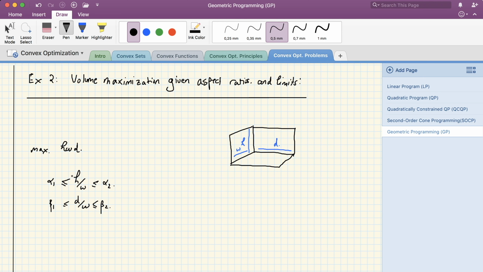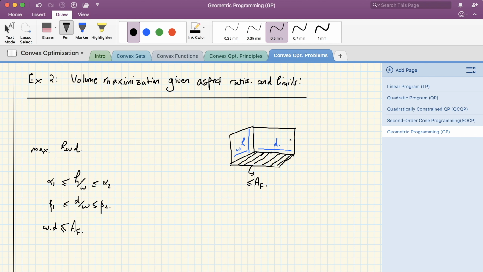Not only this, I have some other limits to respect. I've got an area of a floor. Let's say this is my floor, and call it A_F, that I shouldn't exceed. That is, the floor area, which is simply length times width, or W times D, should be less than a certain area A_F. Likewise, the total surface area of the walls should not be more than a certain value.